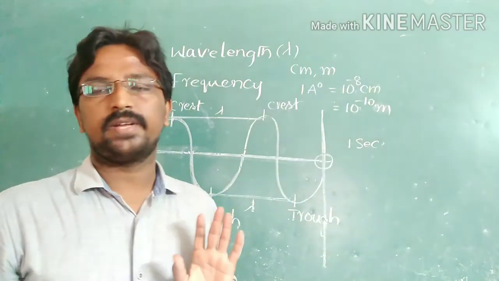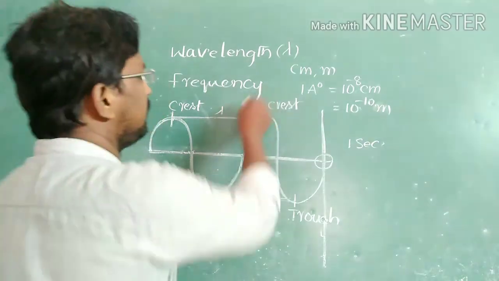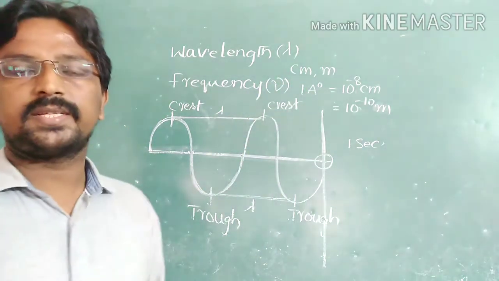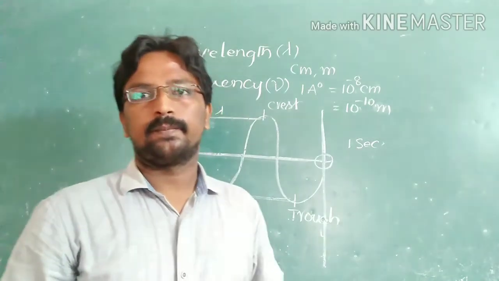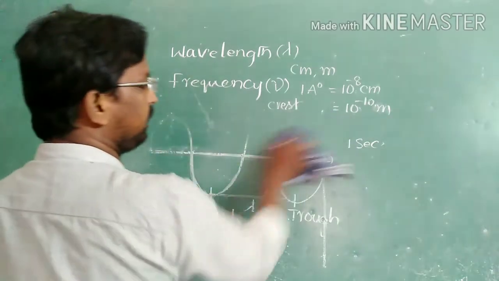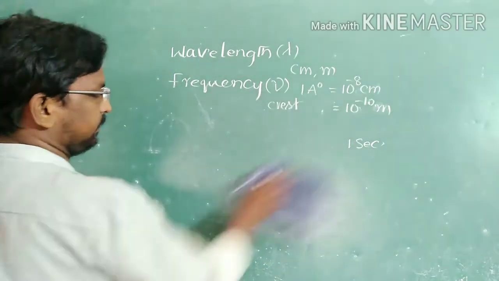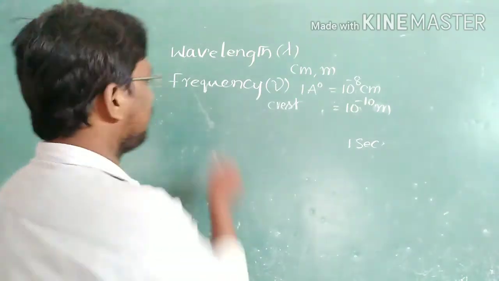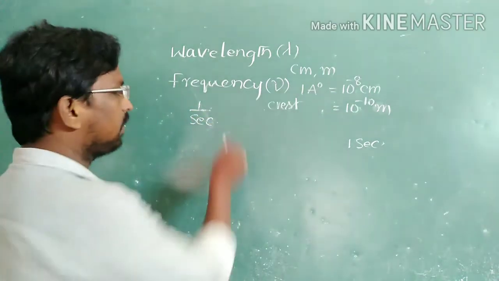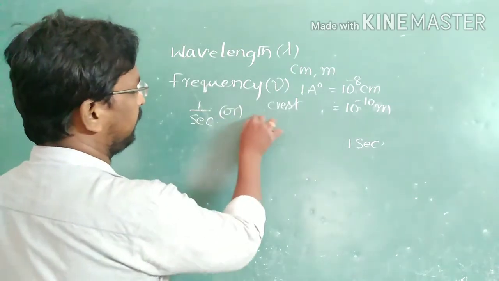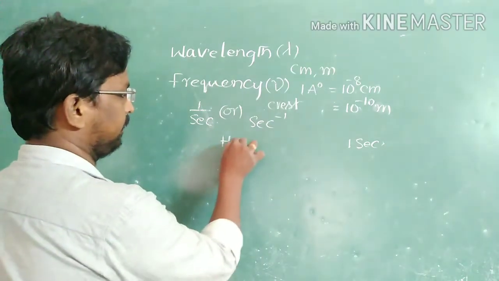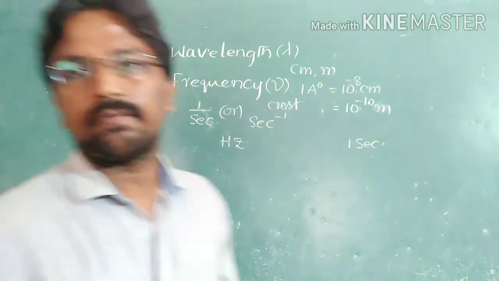Frequency is denoted with the symbol nu, right? So this is about frequency and wavelength. The units of frequency are hertz, which can be taken as 1 by second, or written as second inverse, or hertz.